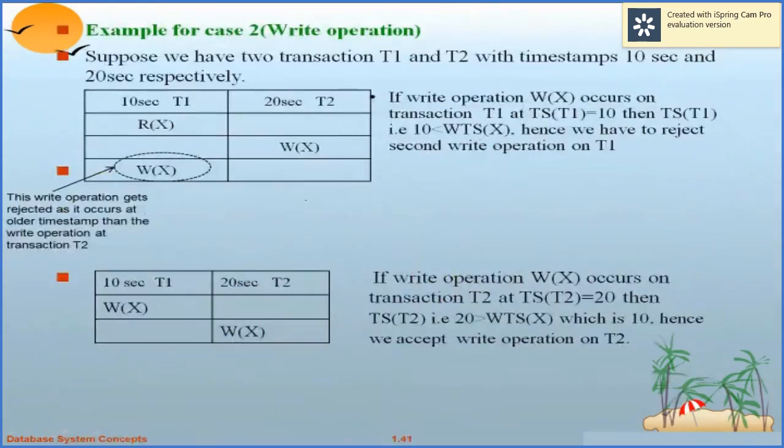So let's try to understand here using an example. The write operation that is being performed is at 20 seconds, and the latest write operation happened at 10 seconds.